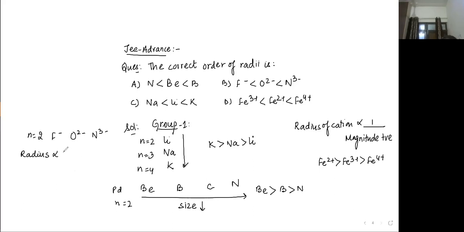Radius is directly proportional to the magnitude of negative charge, provided the n value is the same. So N3 minus will be greater than O2 minus, which will be greater than F minus. So the correct option is B. Is this clear?